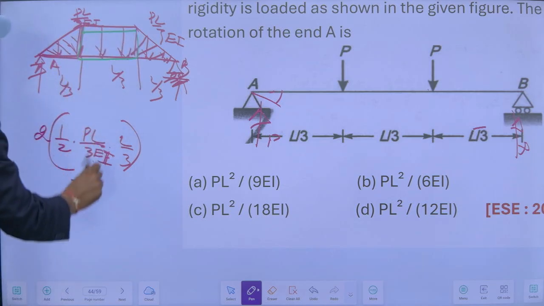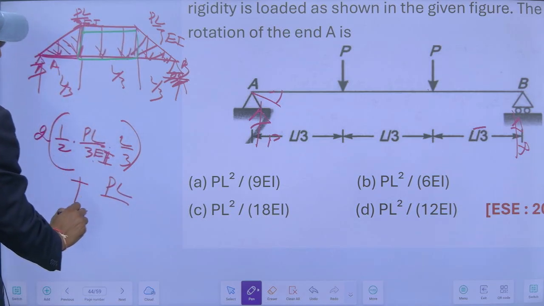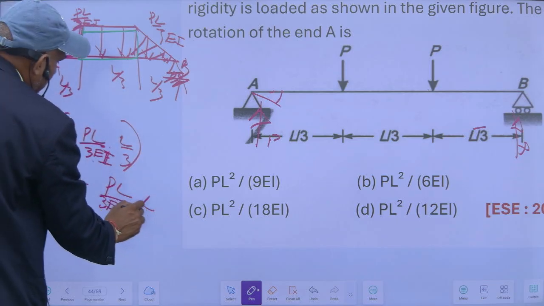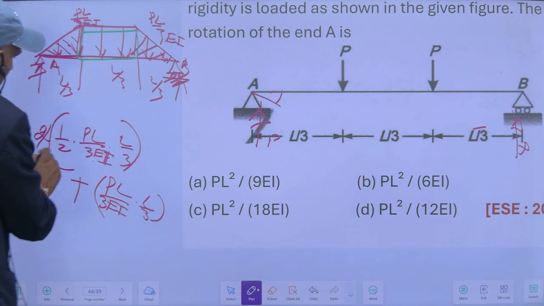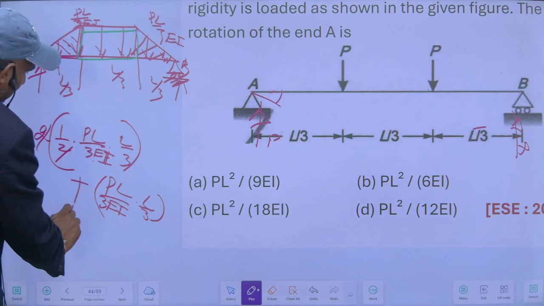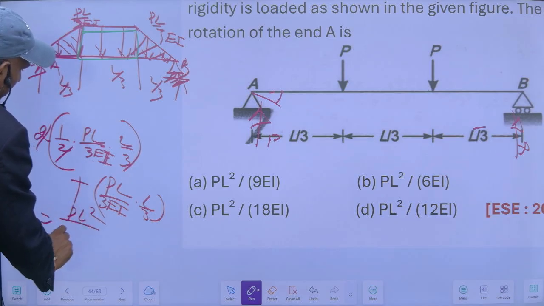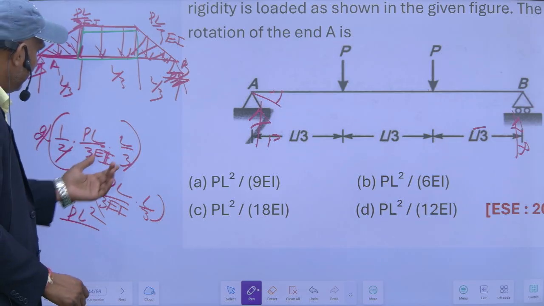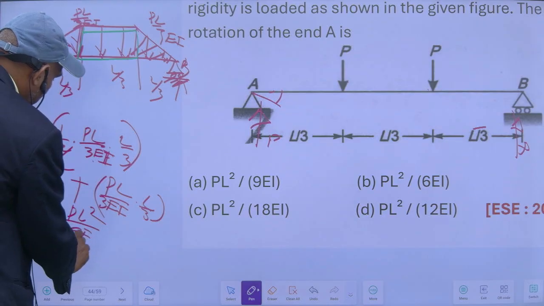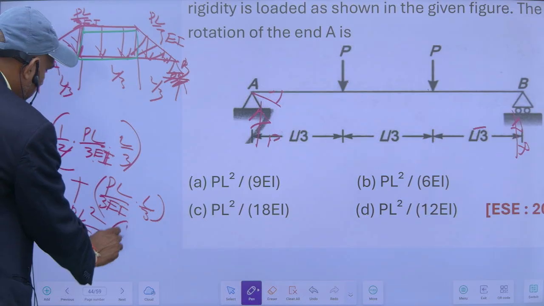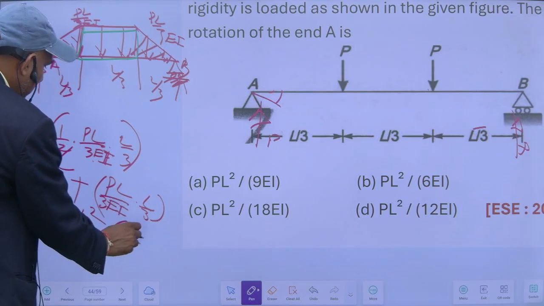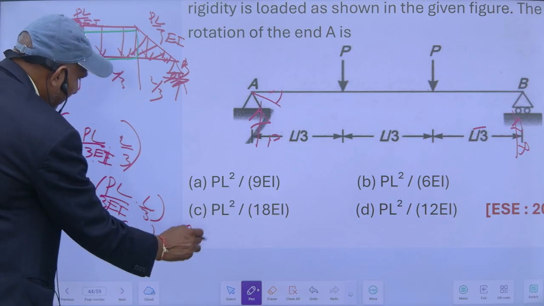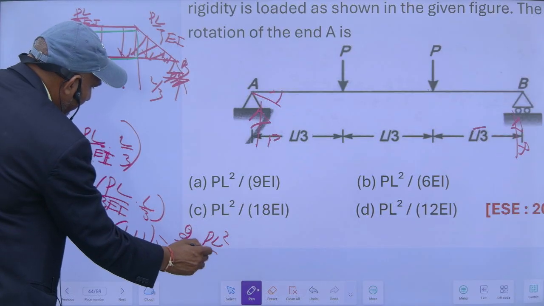So this is PL upon 3EI into L by 3. So it will be PL square upon 9EI. If I take this common, this will be 1 plus this is also equal to 1. So it will be 2 upon 9 PL square upon EI.